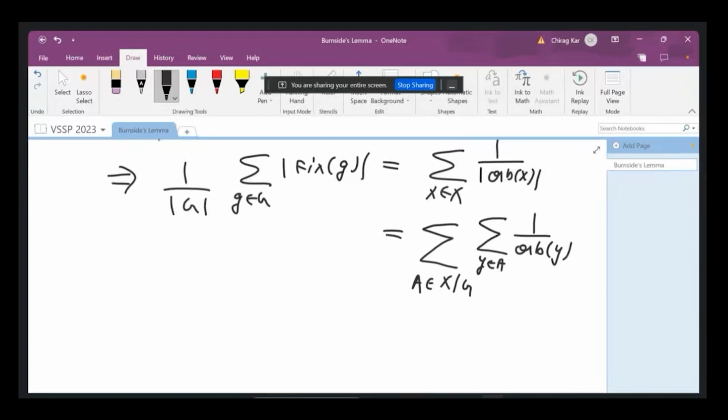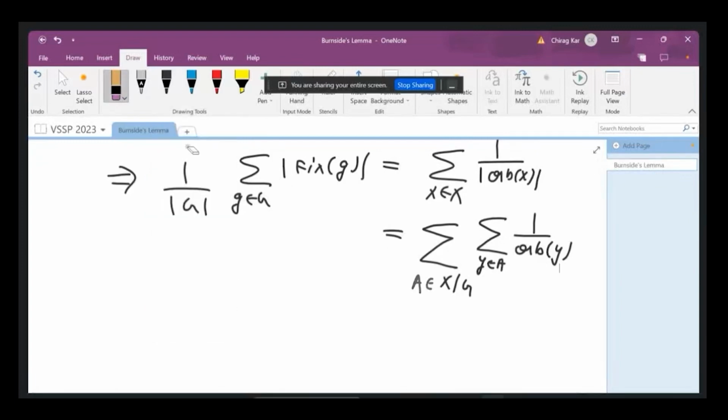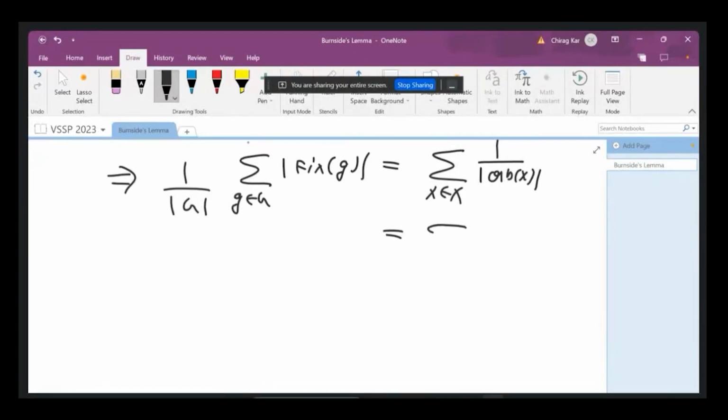Because the orbits divide the set in such a manner, these two summations are the exact same. However, in fact, I can write it in a better manner, we basically end up looking at what we call the transversal of this set.